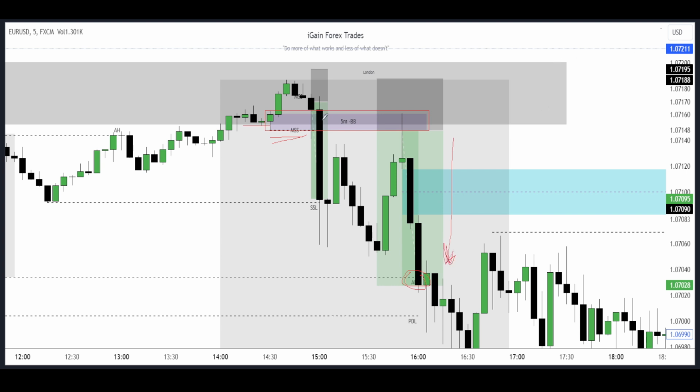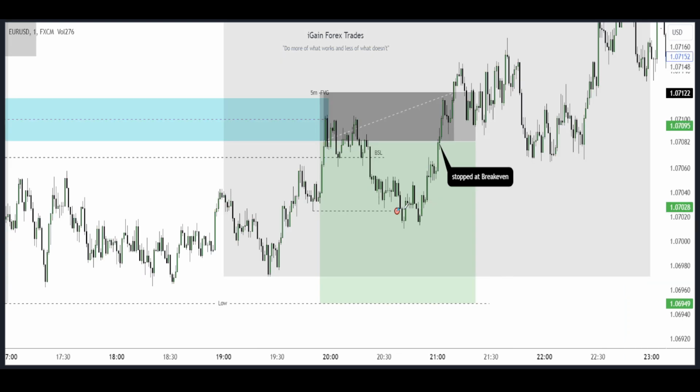Okay, so let's go now to New York session for our next trade. Here you go, guys. You have seen here a 5 minute fair value gap, and then we entered at this 5 minute fair value gap.